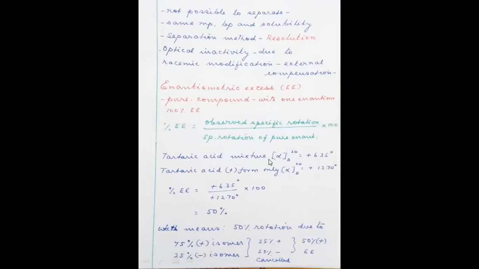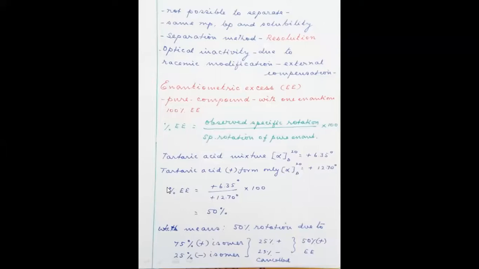You take a tartaric acid mixture. I am taking a tartaric acid mixture. I do not know what is the percentage of plus isomer and minus isomer present in the mixture. It is a mixture of the two isomers. So the specific rotation of this mixture is plus 6.35 degree. But when I take tartaric acid plus form only, the pure plus tartaric acid specific rotation is plus 12.70.